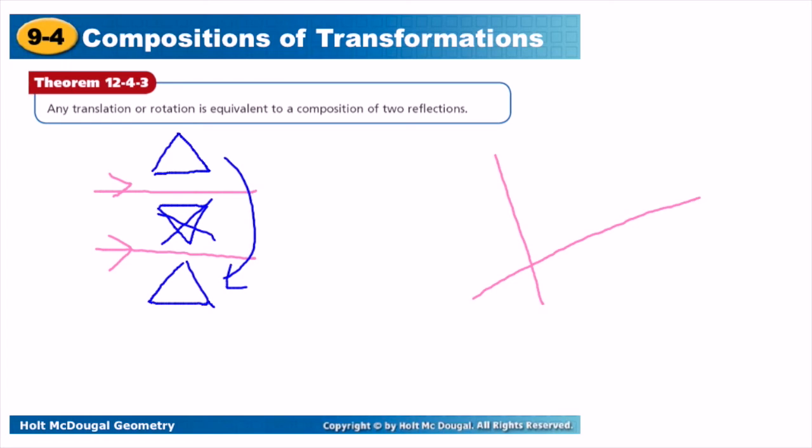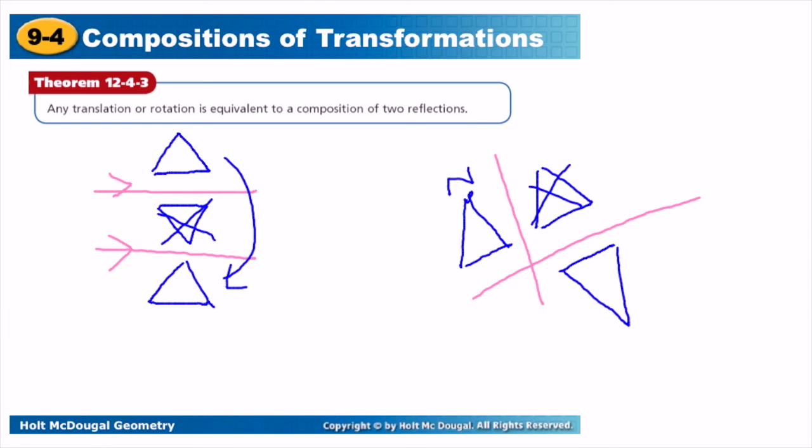So that shows you how you were able to comprise that translation of your reflections. The same is true when you have intersecting lines. So here, if I were to reflect this triangle, this pre-image, over the line of reflection that I created, there I've got my first reflection, and then a reflection of that reflection. That image I can see has been turned. So let's call that point N up at the very top.